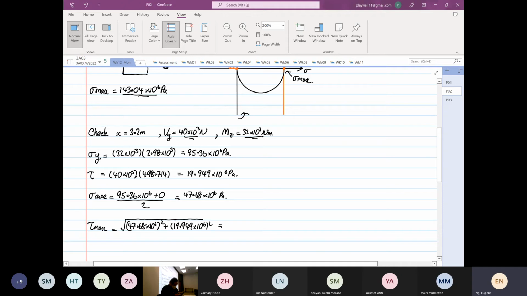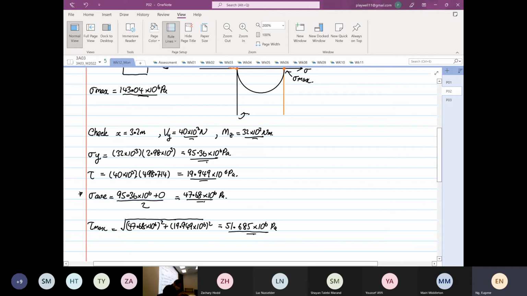The square root of the whole thing is equal to 51.685 times 10 to the power 6 Pascal.